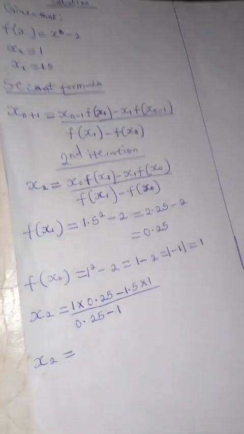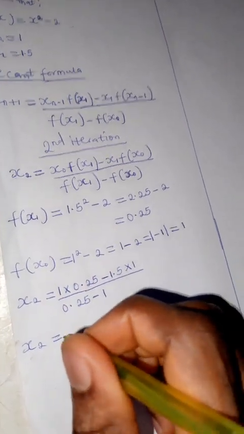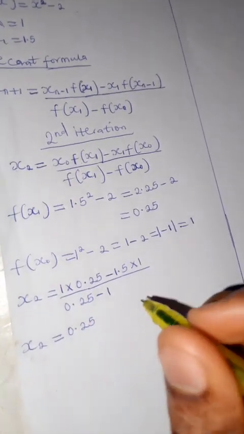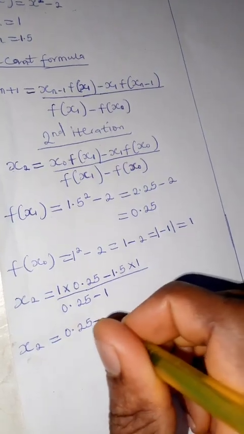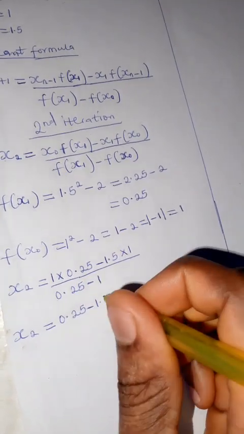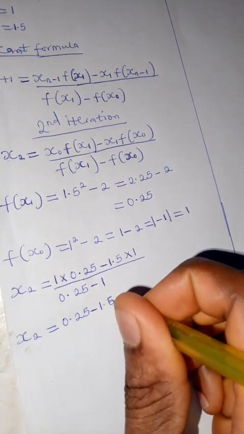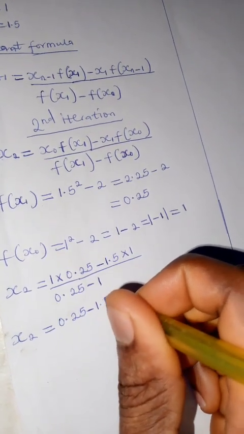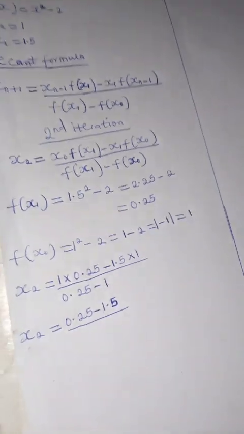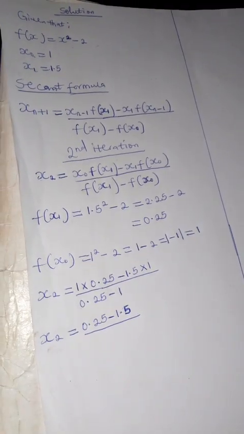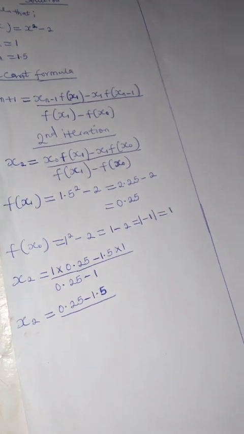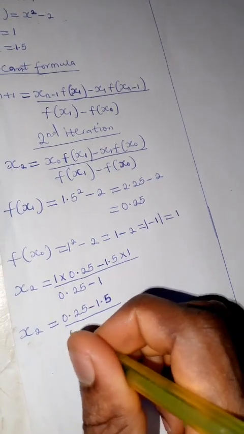Such that x2 equals 1 multiplied by 0.25 will give us 0.25, minus 1.5 times 1 is 1.5. Over 0.25 minus 1 will give us 0.75.